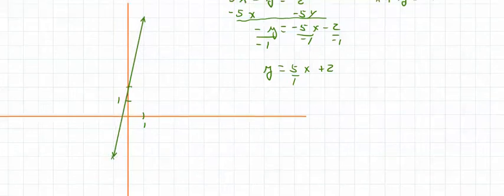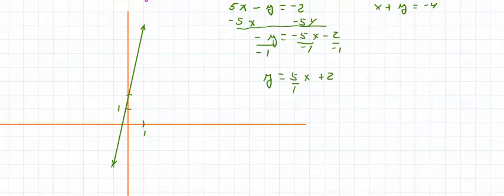Our other graph will use the x and y intercepts. X is 0, y is negative 4. 1, 2, 3, 4. Y is 0. Oops, I did that backwards. When y is 0, x is negative 4. When x is 0, y is negative 4. 2, 3, 4.